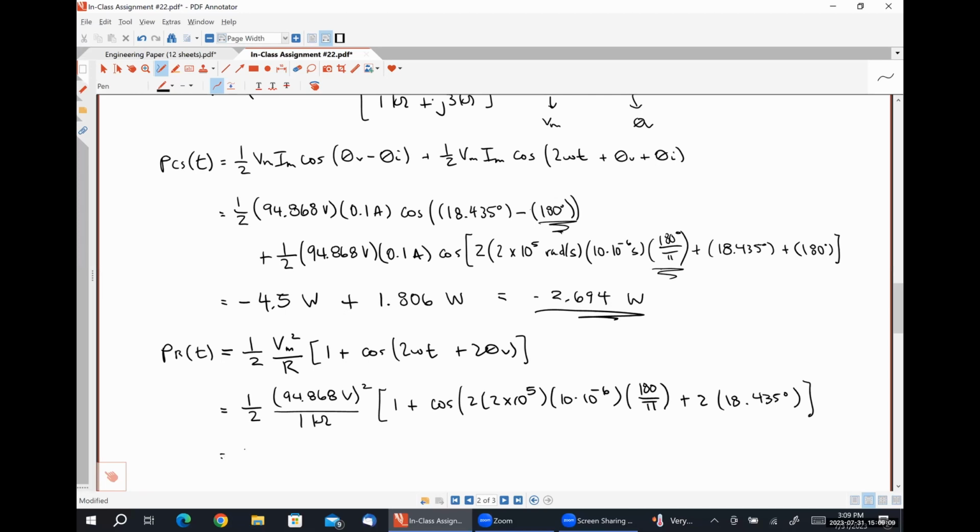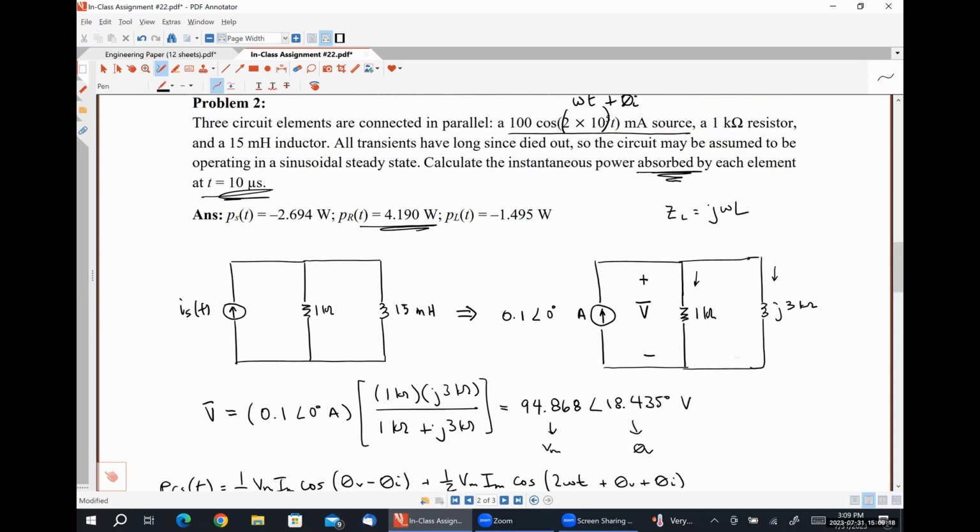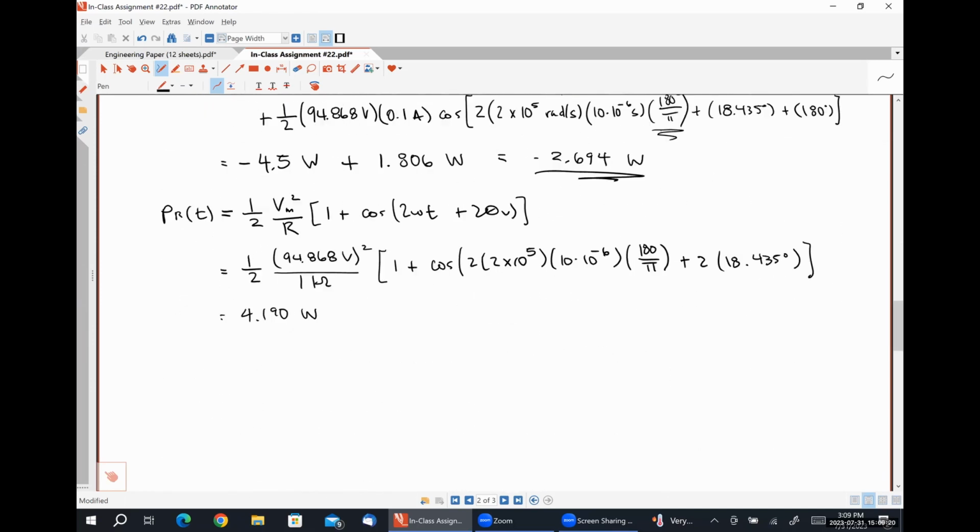I get 4.190 watts. Exactly as what was expected.